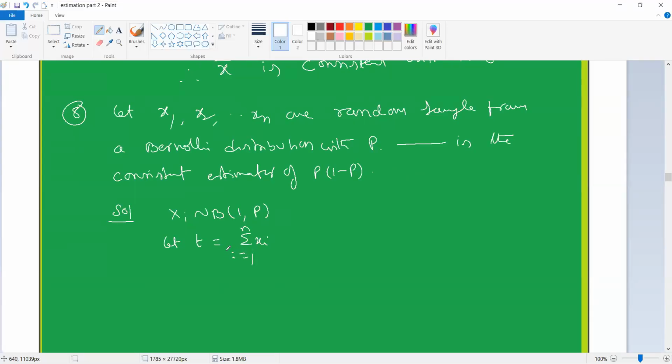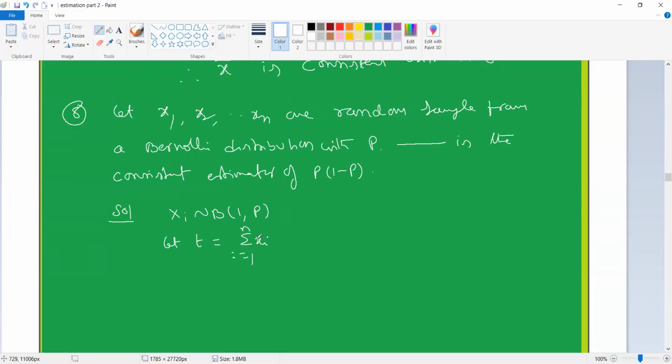To identify the unbiased estimator or consistent estimator or efficient estimator or sufficient estimator, first of all, we have to think about the function of sample observations. Which function of sample observations is suitable to estimate the unknown population parameter? So always try to identify the functions of sample observations. It is a random variable, a statistic.